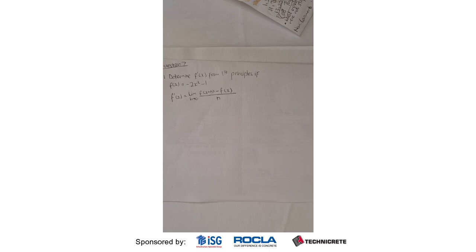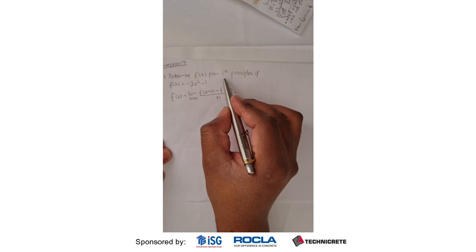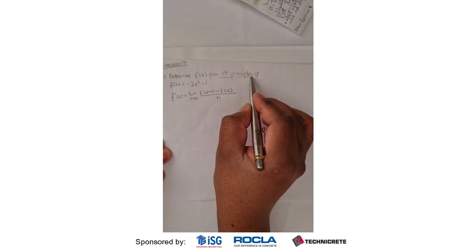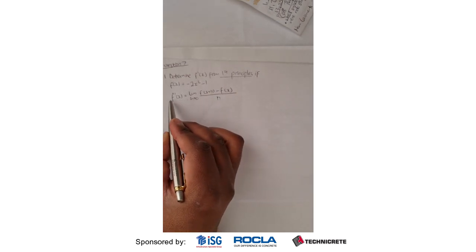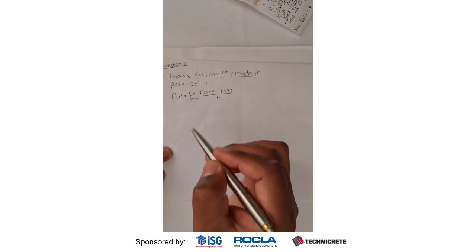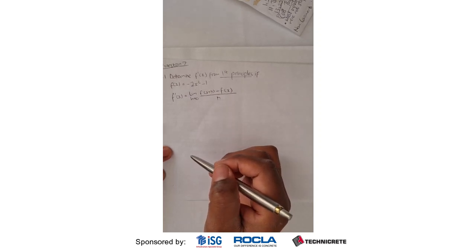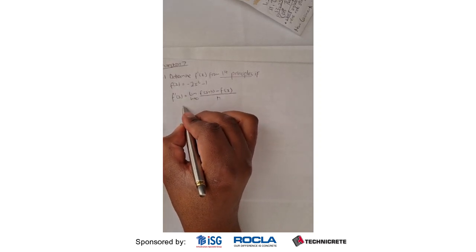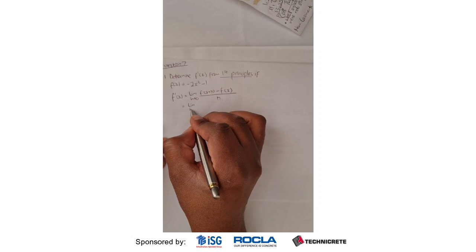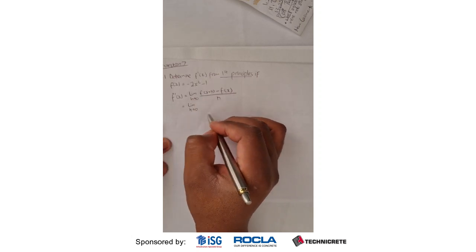So here they asked us to determine f prime of x using first principles. That means we are going to use this equation, and this equation will be found in your formula sheet.